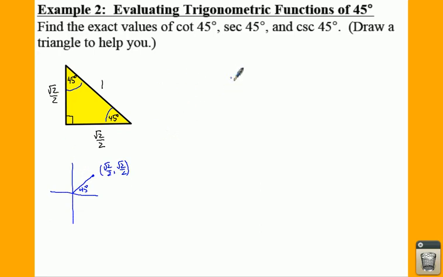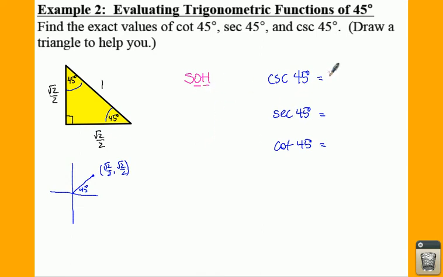So what we need to do is find all of our exact values for the cosecant of 45 degrees, your secant of 45 degrees, and your cotangent of 45 degrees. So your cosecant, that is the inverse of sine. And if you remember, for sine you have opposite over hypotenuse.